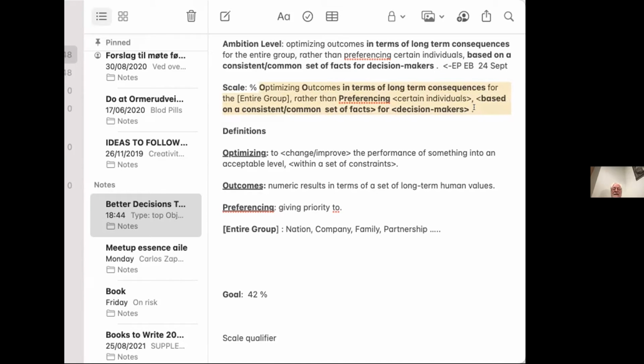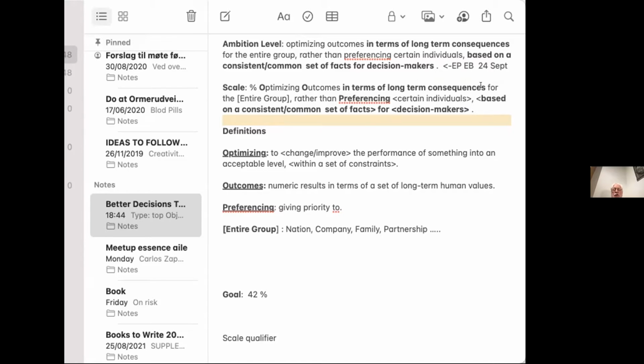Yeah, okay. Well, we might have to go up there and work on it. But as a possible interpretation, let's say we had 100 instances we looked at of optimizing income in terms of long-term consequences. Let's end the sentence there.